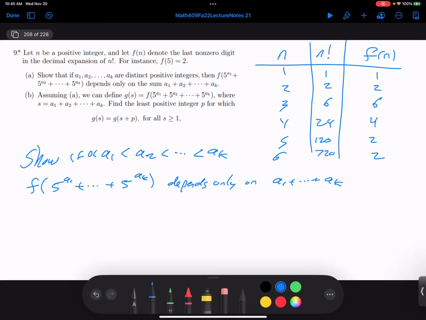As we multiply by other numbers, all that matters is the ones digit. Now we very quickly get that it has to be periodic, at worst a period of 40. And now, how is this related to it depending only on the sum?